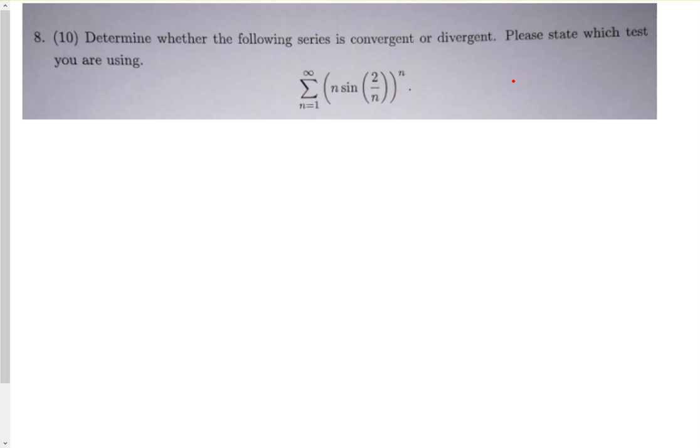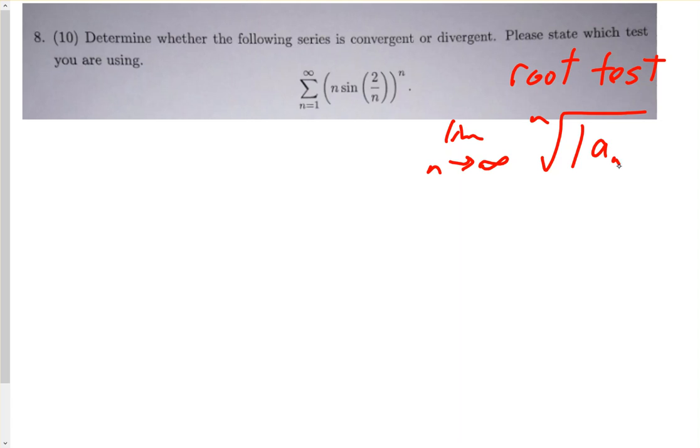So remember the root test. We would take the limit as n approaches infinity of the nth root of the absolute value of a n, and this would equal rho.